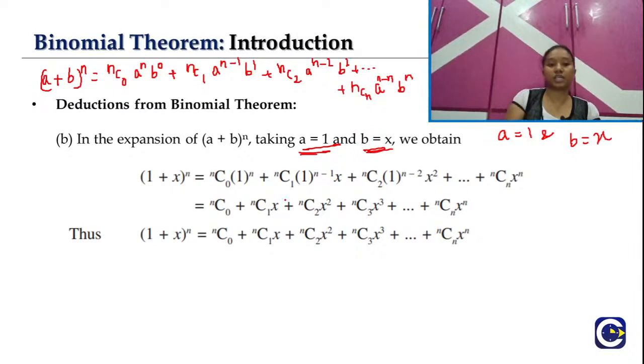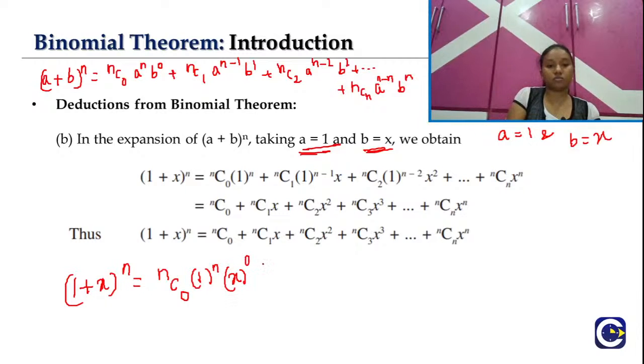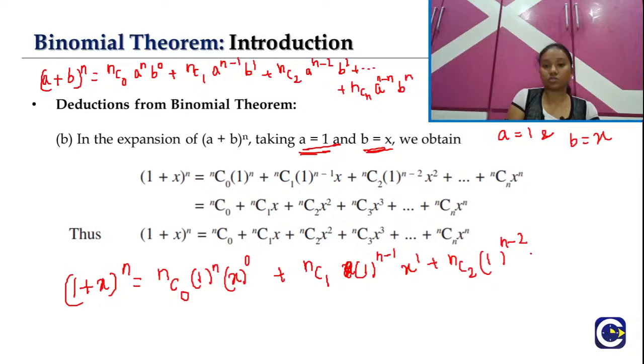So let's write the expansion. nC0: first term 1 power n, second term x power 0, and the next nC1, 1 power n minus 1, x power 1, and the next nC2, 1 power n minus 2, x power 2, and so on. The last will be nCn, 1 power 0, x power n.